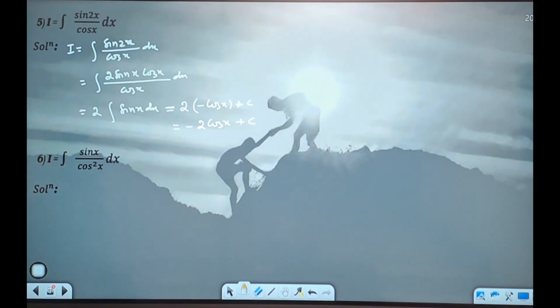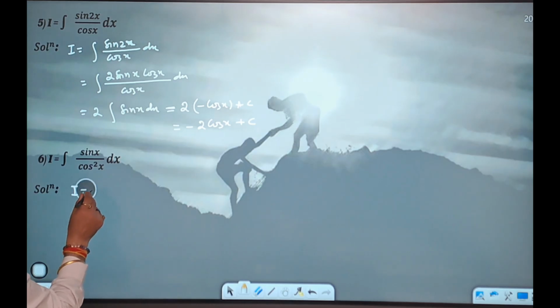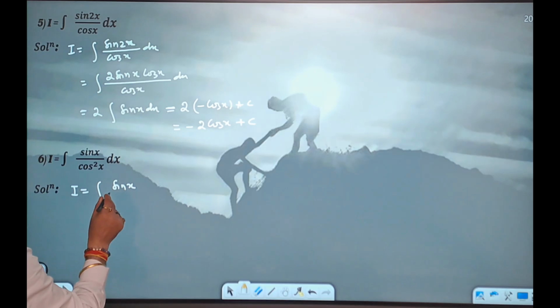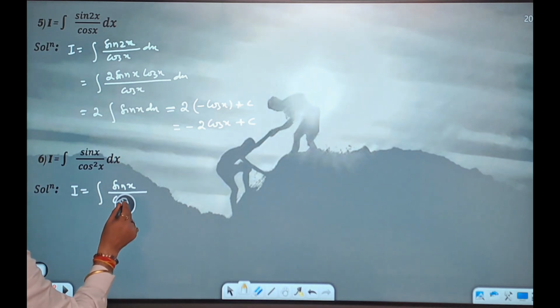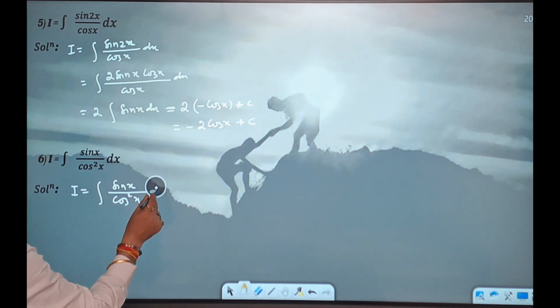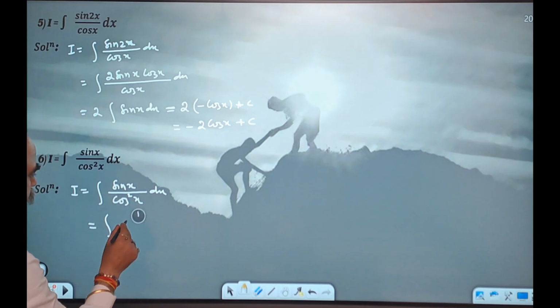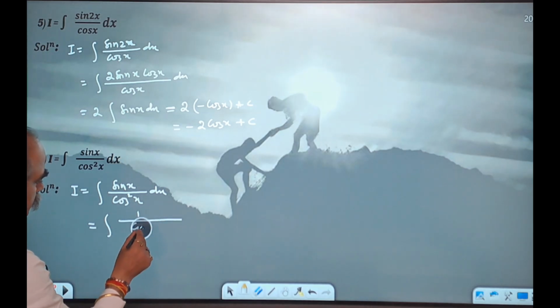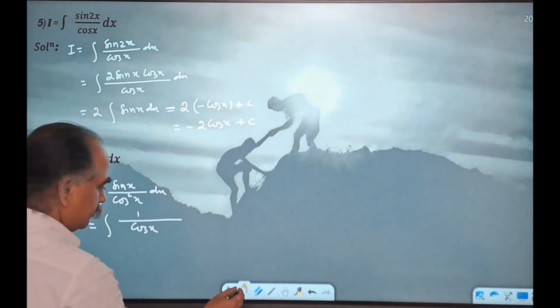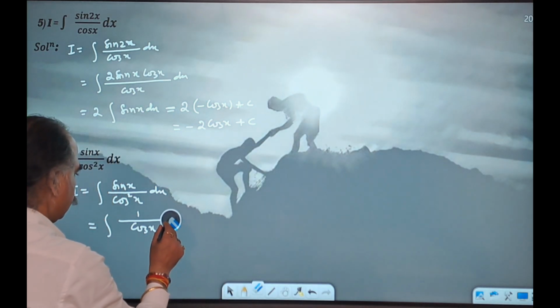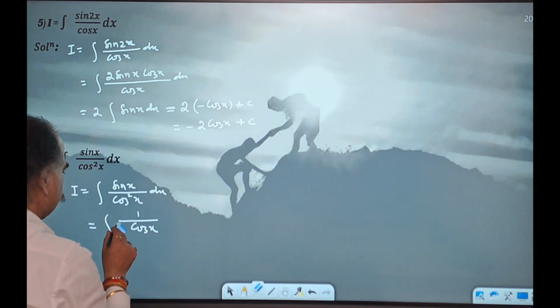Then next is sin x upon cos square x. This can be written as 1 upon cos x into sin x upon cos x.